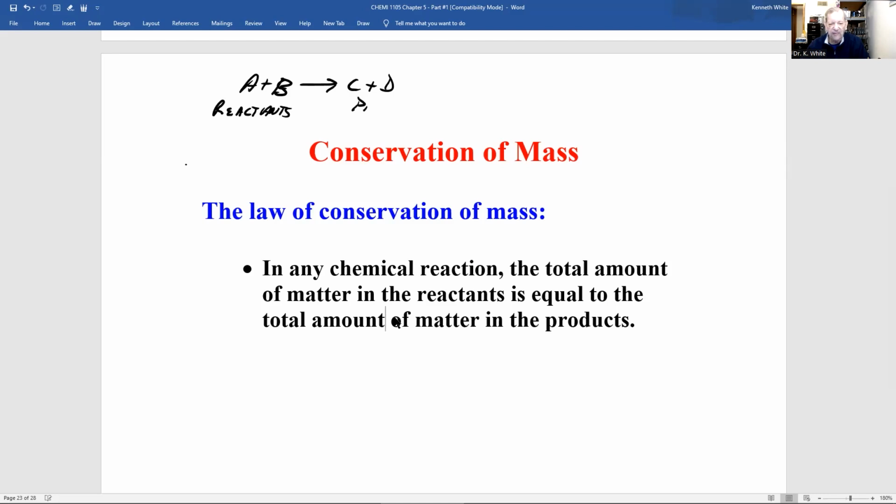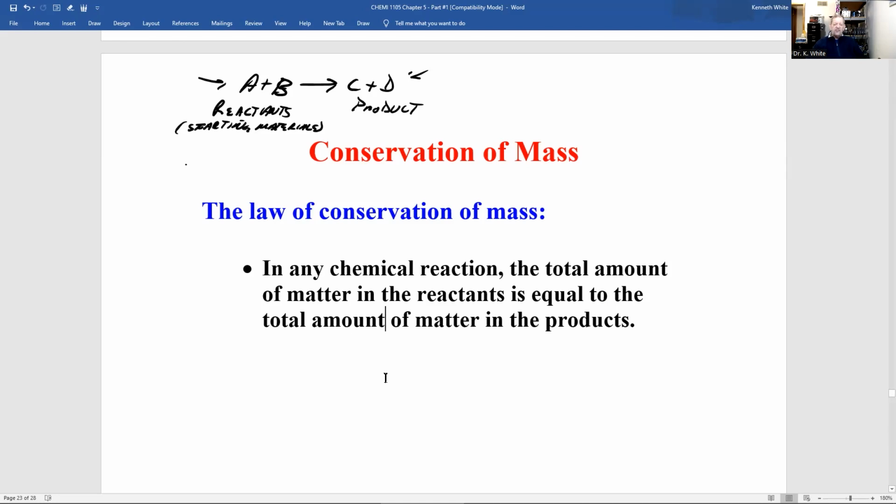C and D are the products of this chemical reaction that we show with the chemical equation. Now, sometimes I'll call this starting material. But the total mass you start with has to equal the total mass you end up with.